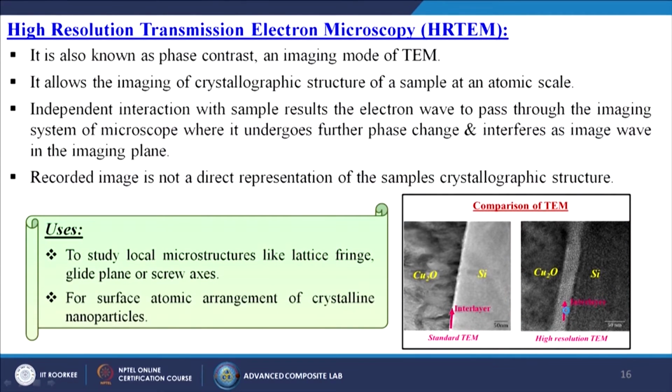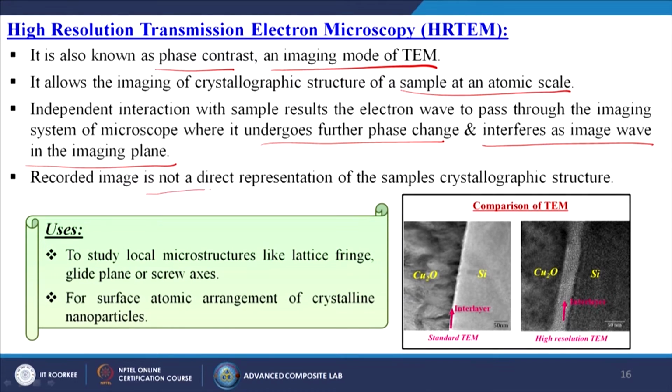Now, we are going to discuss the high resolution transmission electron microscopy, which is known as HRTEM. It is also known as the phase contrast and imaging mode of TEM. It allows the imaging of crystallographic structure of a sample at an atomic scale. Independent interactions with the sample result in the electron wave passing through the imaging system of the microscope, where it undergoes further phase change and interferes as an image wave in the imaging plane.